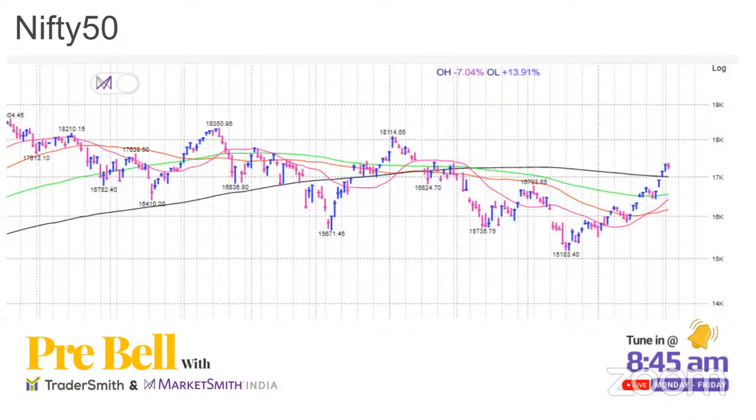And the distribution day count is still one. The distribution day, according to William O'Neill, tracks market weakness. How do we mark a distribution day? When a major market index, such as Nifty or Sensex, falls by 0.2% or more on volumes higher than the previous day, we mark it as a distribution day.